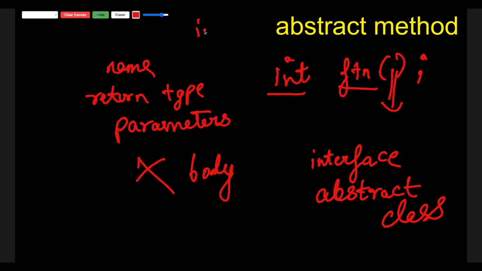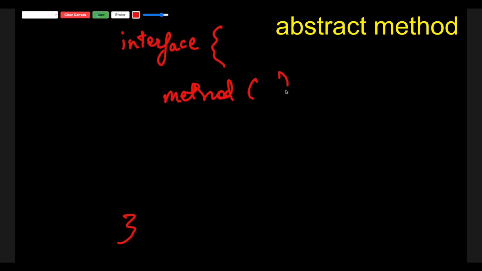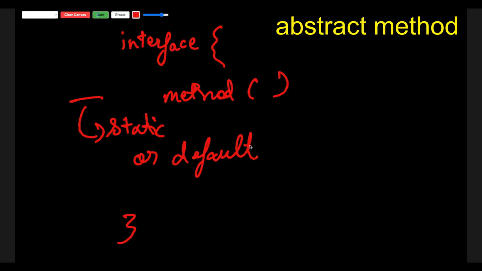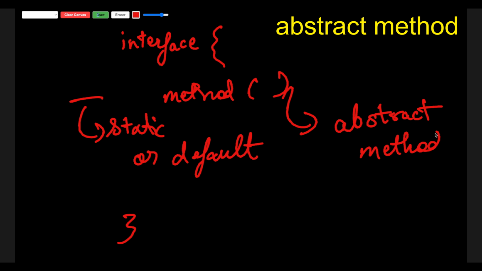So basically in an interface, if we have any method that doesn't have any keyword like static or default, then it will be treated as an abstract method. Apart from that, the concrete class, that is the normal class, cannot contain abstract methods.